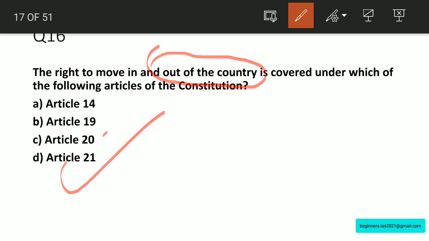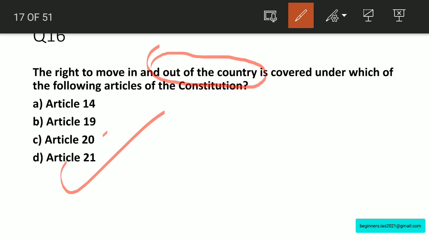If it is inside alone, it means Article 19, but it is given as the right to move in and out of the country. See, the freedom of movement has 2 dimensions, which are internal, that is the right to move inside the country, and external, that is the right to move out of the country and the right to come back to the country.